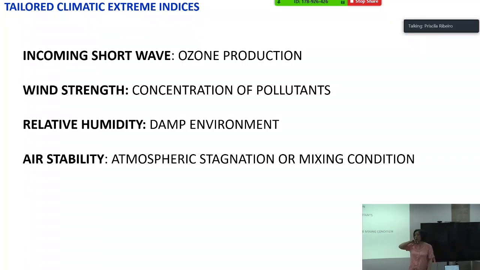So what you're looking at is not really albedo, but it's solar radiation reaching the surface. So you can have ozone production. Wind strength, then your latent concentration of pollutant. Relative humidity, that will indicate if an environment is more dry or less dry. And stability. So there are some indices that we can create based on those variables that the model outputs.